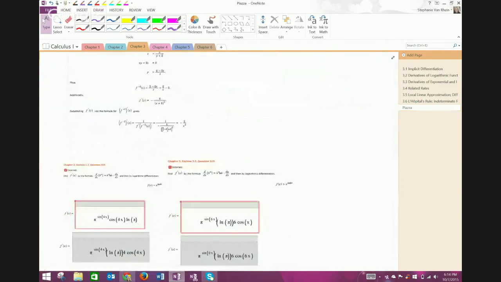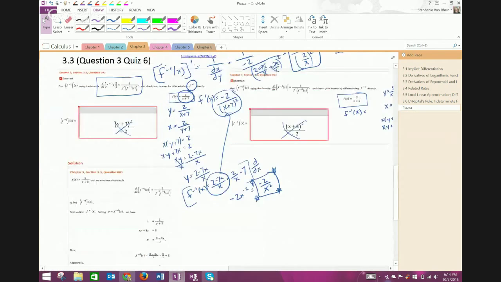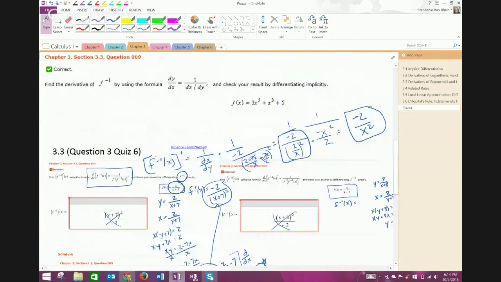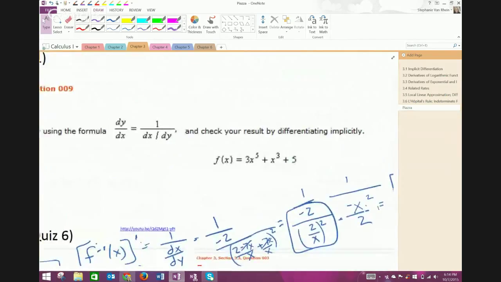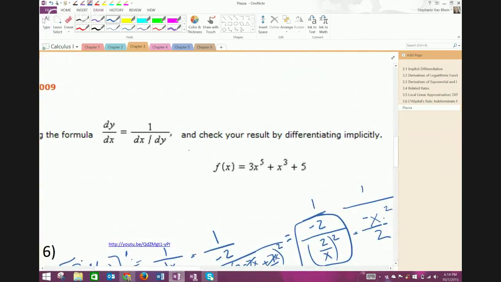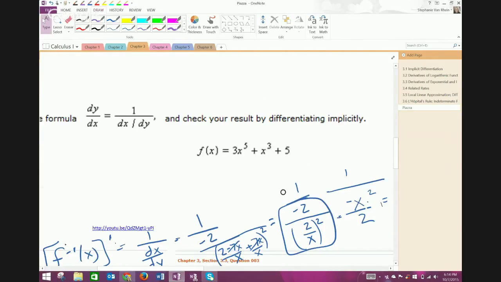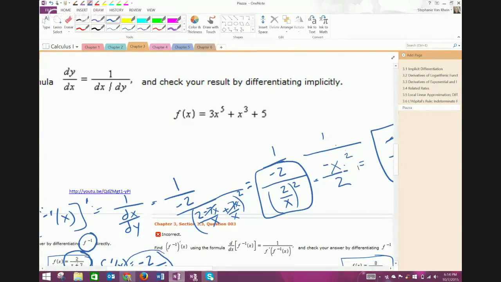And another example, I don't know if I pulled up another example. Oh, here on number 9, again, very similar. They say you take the derivative of the function named x at y. So here, I couldn't find the inverse function this way. It's impossible. So what I can just say is I can let f of y equal y cubed plus 5y.